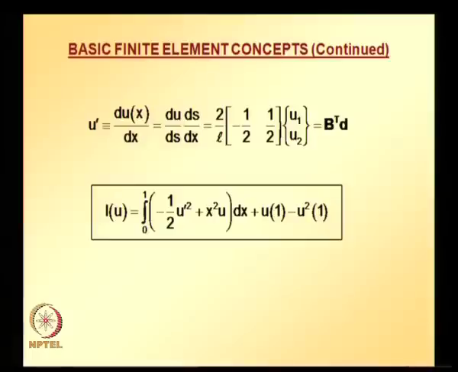Let us take an element for which x equals 1 is not a part of that element. So for that element you do not have the last two terms in the equivalent functional, that is, u evaluated at x equals 1 and u square evaluated at x equals 1 form a part of the element which has one of its nodes at x equals 1.